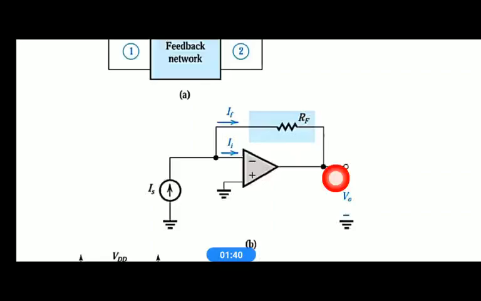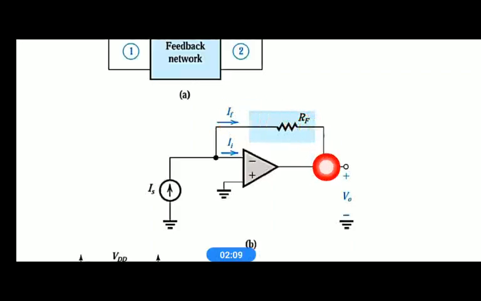If the output voltage is decreased, you can clearly see that the current IF, which flows through the RF feedback network connected between the output and the inverting terminal, will increase. The current IF flows from the inverting terminal side toward the output, and since the potential at the output point decreases while the other point stays as it is, more current will flow.